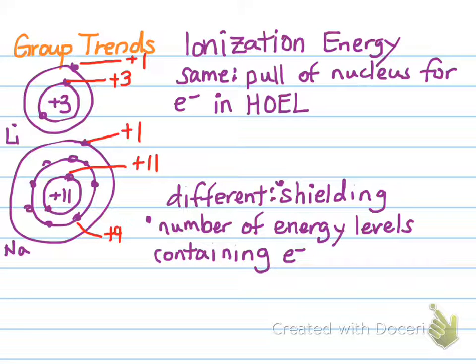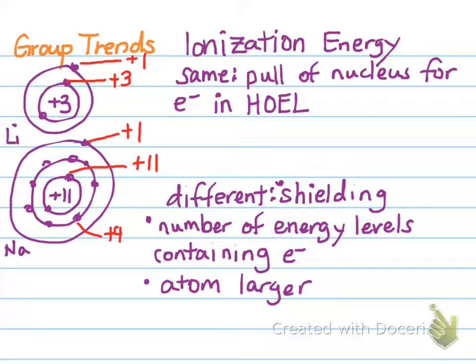So remember, another thing that is different is that our atom is larger. Right, we talked about that when we talked about atomic size, and the reason the atom is getting larger is because of this number of energy levels containing electrons, right? We've added another layer of electrons, which makes our atom larger. So, same between both of these atoms is the pull of the nucleus for the electrons in the highest occupied energy level.